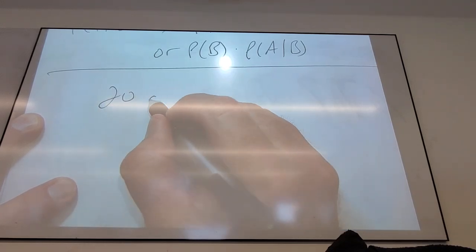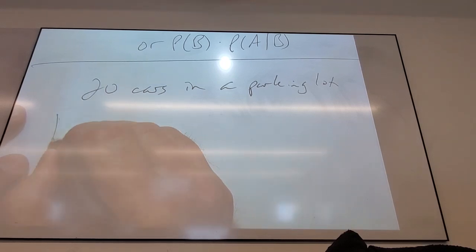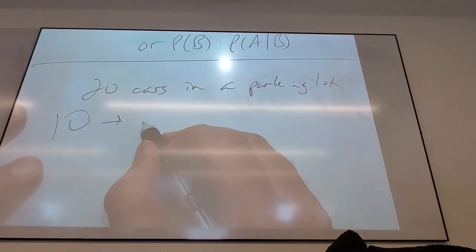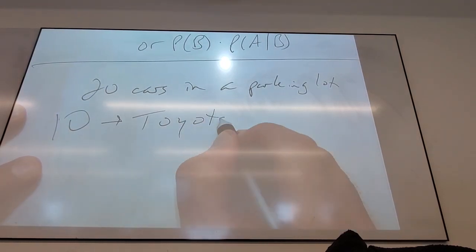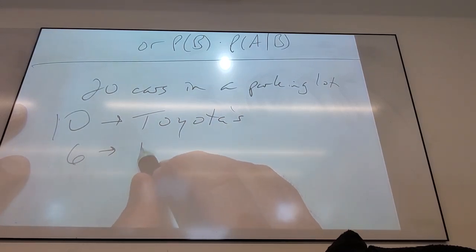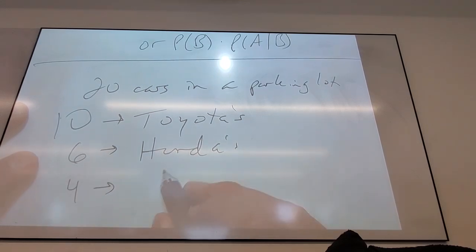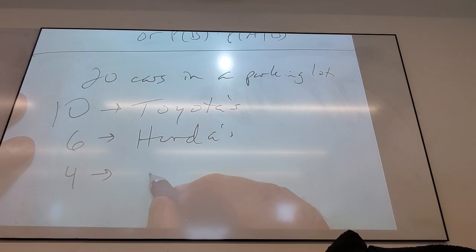Okay, let's say I've got 20 cars in a parking lot. 10 of them are Toyotas. 6 of them are Hondas. And 4 of them are, what do you got, Jeff?